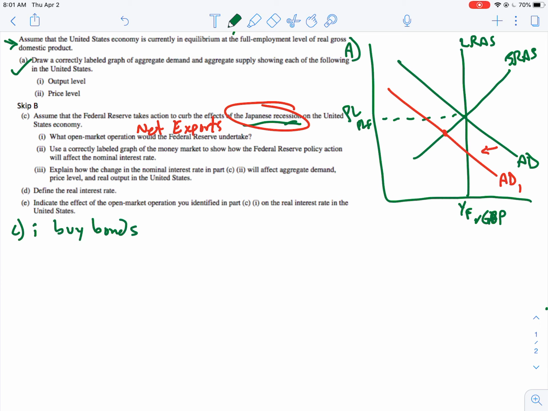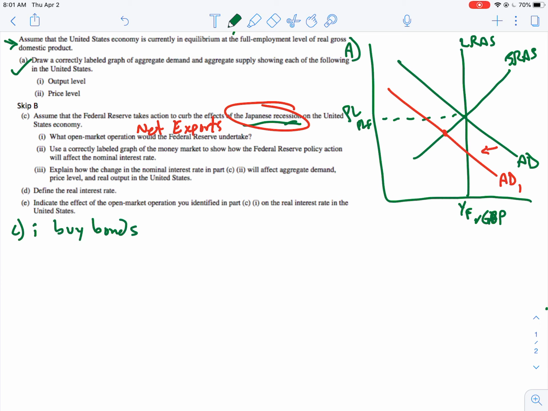Remember that the demand for money is asset demand plus transactional demand. Okay, so those two together form the demand for money. Now, that's going to give us our nominal interest rate there.